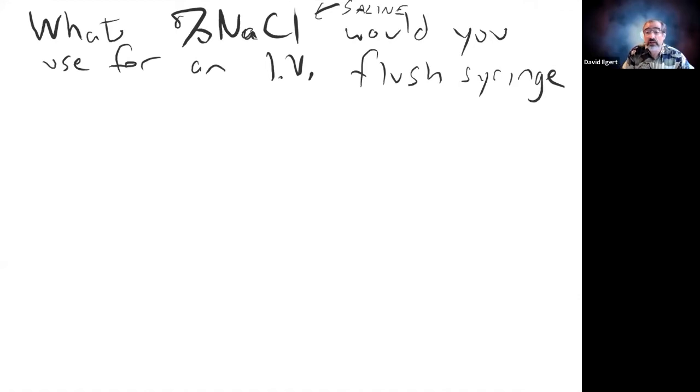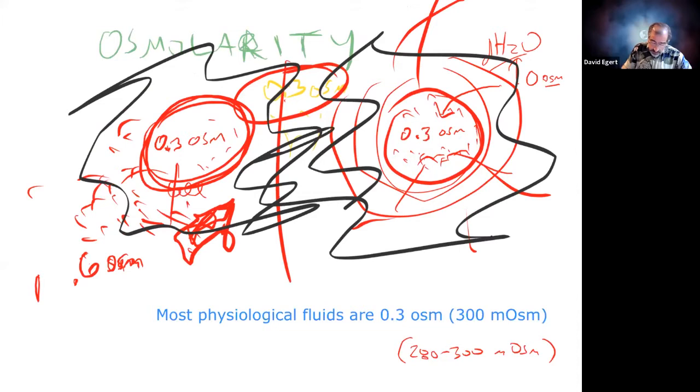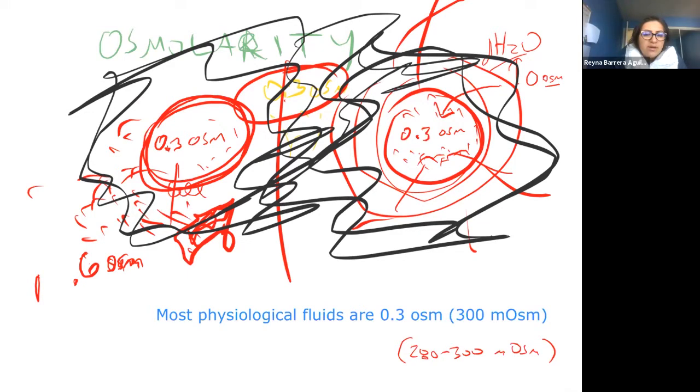So let's work this out together. What is the given? What do we know? If I want to make sure that the saline I am shooting into their veins is the appropriate concentration to make sure their cells are happy and don't shrivel or explode, what does that saline need to be? 0.3 osmolarity.